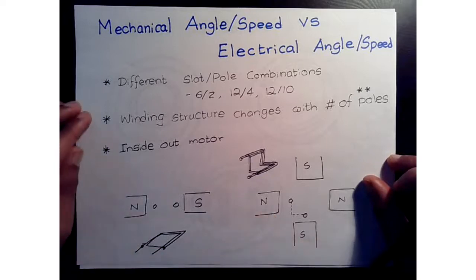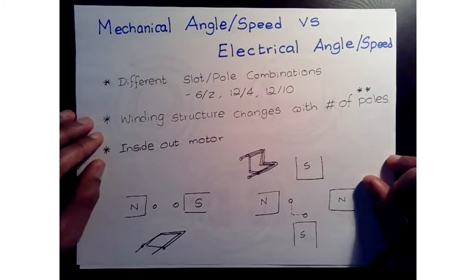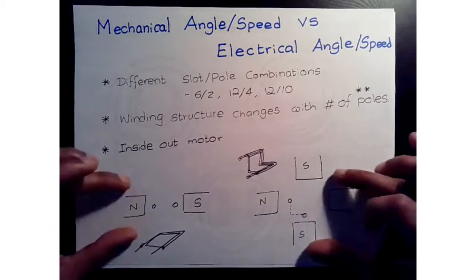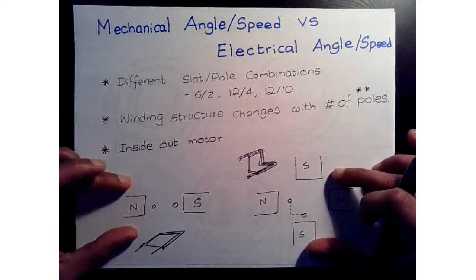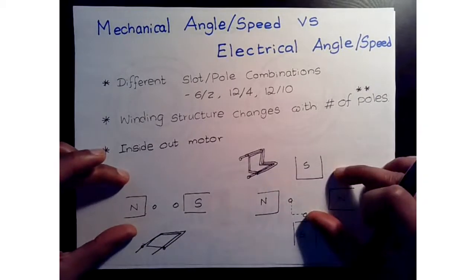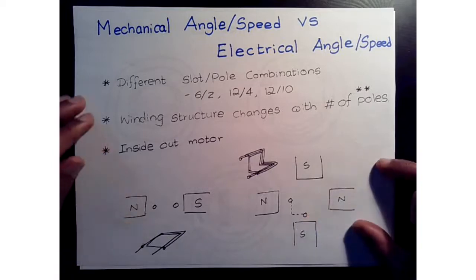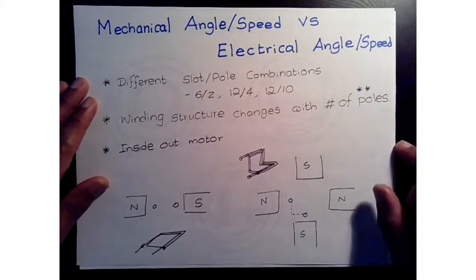So you're going to see a lot of torque ripple and cogging torque, and it's not going to be as efficient as a winding set that's optimized for each type of rotor pole count. Okay, so you do want to look at machine designs in depth to decide what's the best winding structure, or winding configuration, for that.